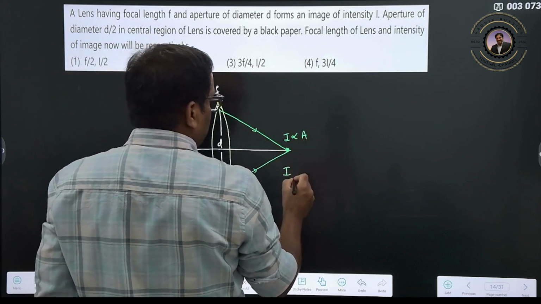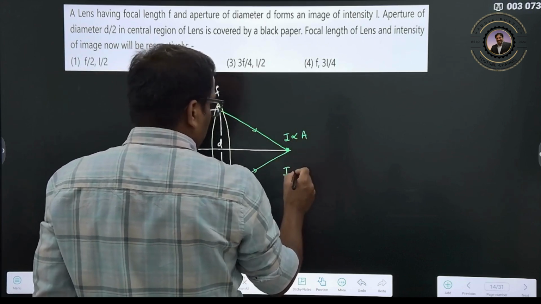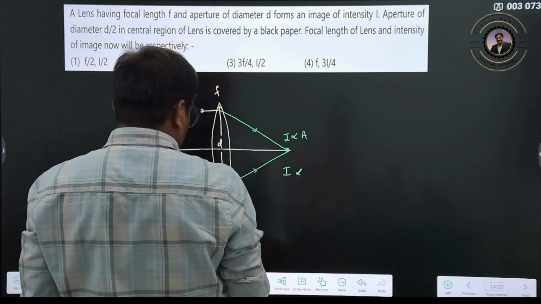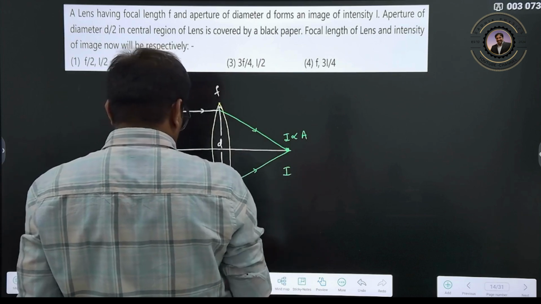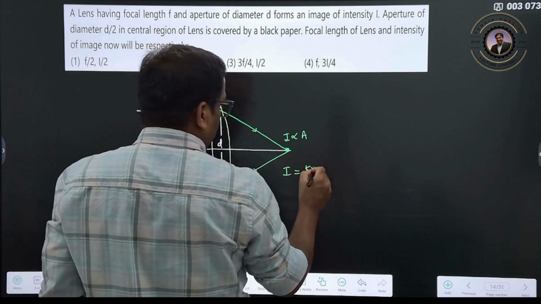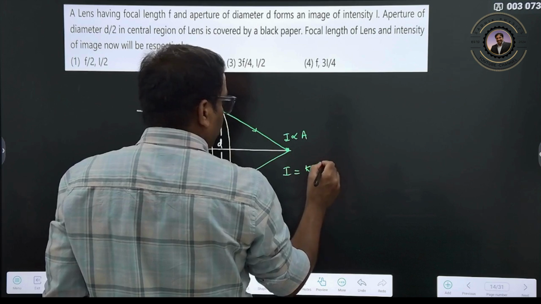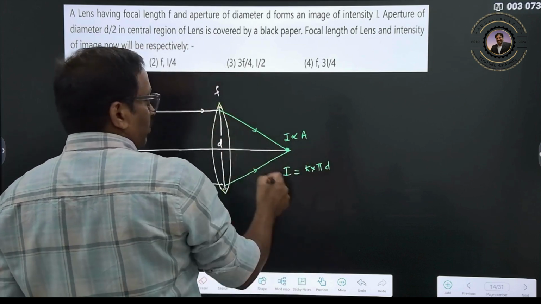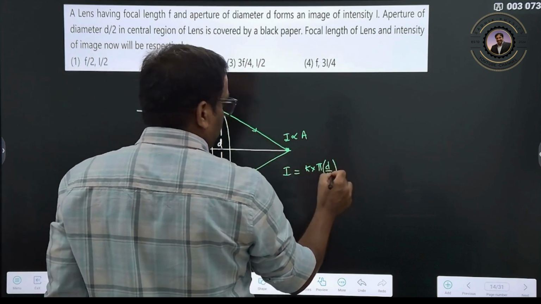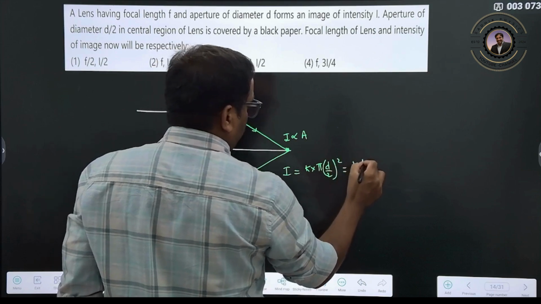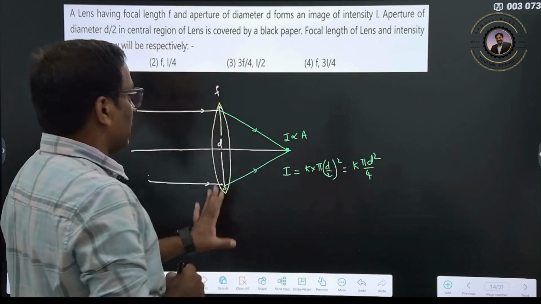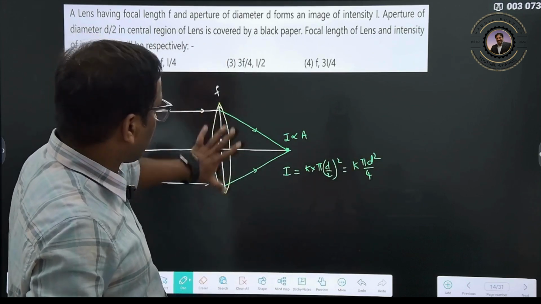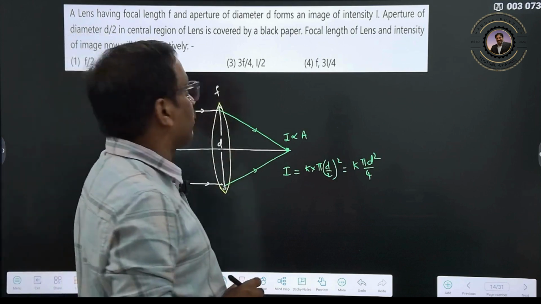So intensity is some constant into pi r square, that means d by 2 whole square. So constant into pi into d square by 4. This is the intensity of the image because light rays are passing through the complete portion of the lens.